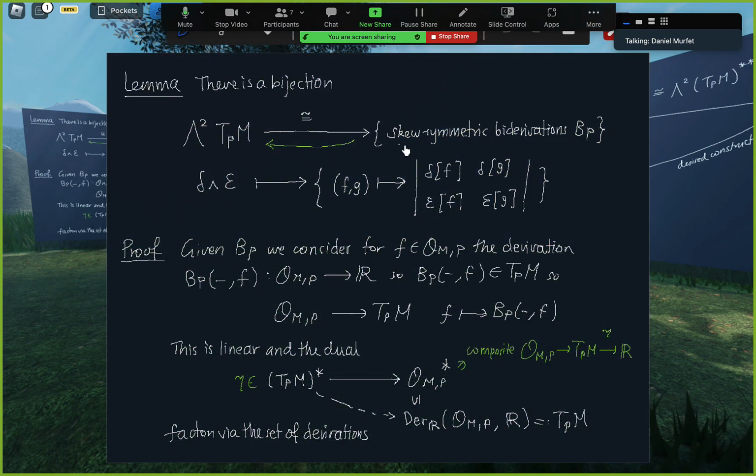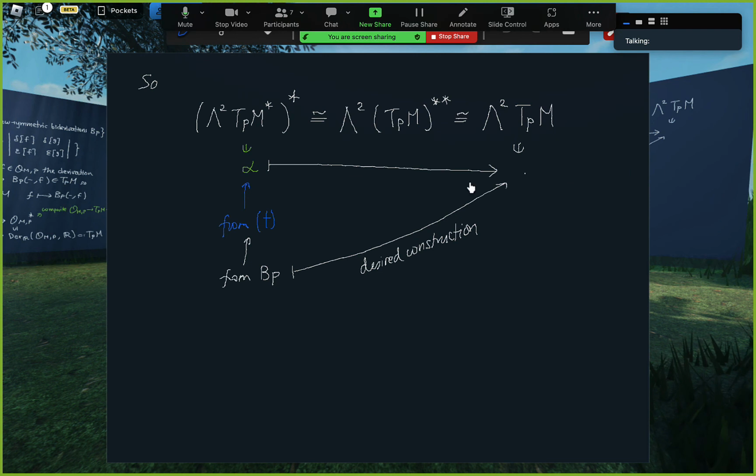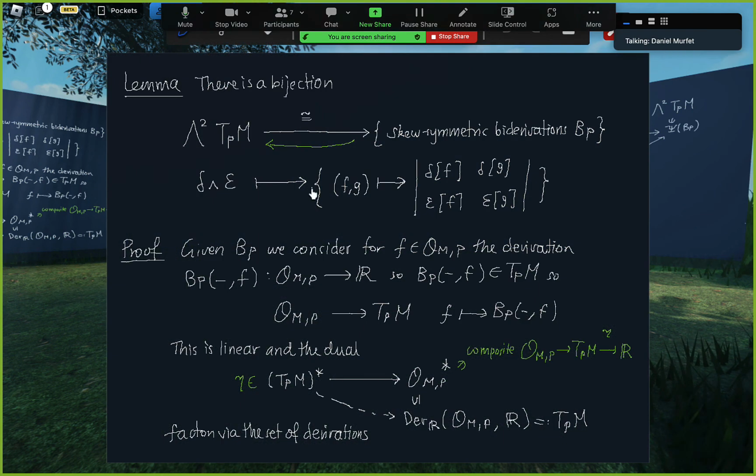I claimed I was going to take you from BP to get a vector in this here, and that's the vector I've just constructed by going from BP to that map dagger to alpha and then onto this canonical isomorphism. So maybe I should call this something, capital psi of BP. And then we'll go back and call this thing here psi.